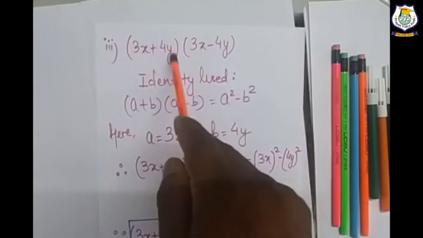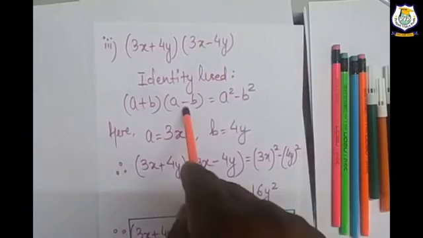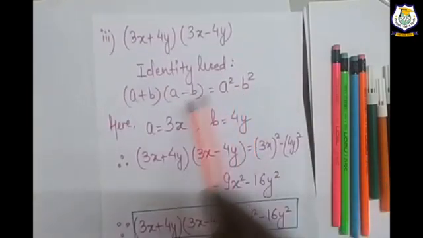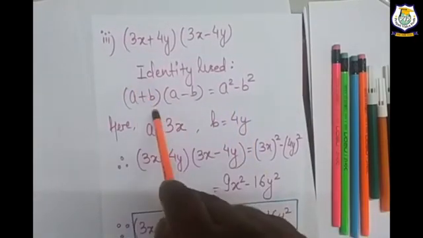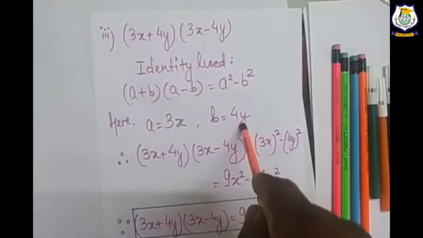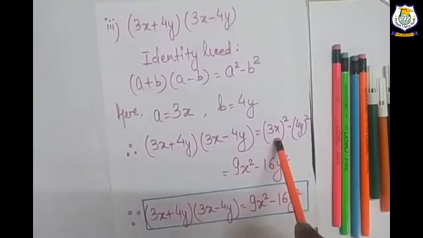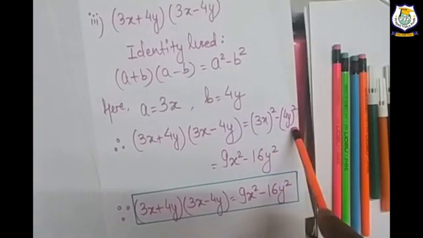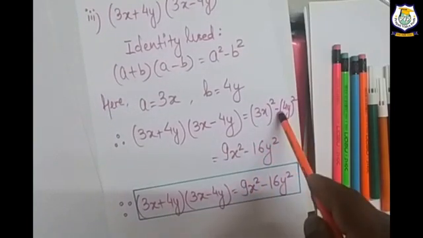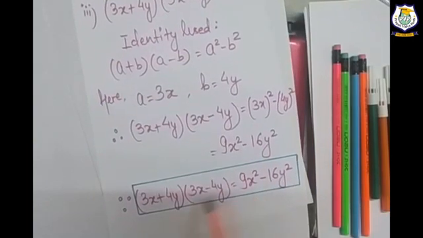So I can implement a plus b into a minus b, which equals a square minus b square. Here a is 3x, b is 4y. So 3x plus 4y multiplied by 3x minus 4y equals 3x whole square minus 4y whole square. 3x square equals 9x square. 4y whole square equals 16y square. This is the answer.